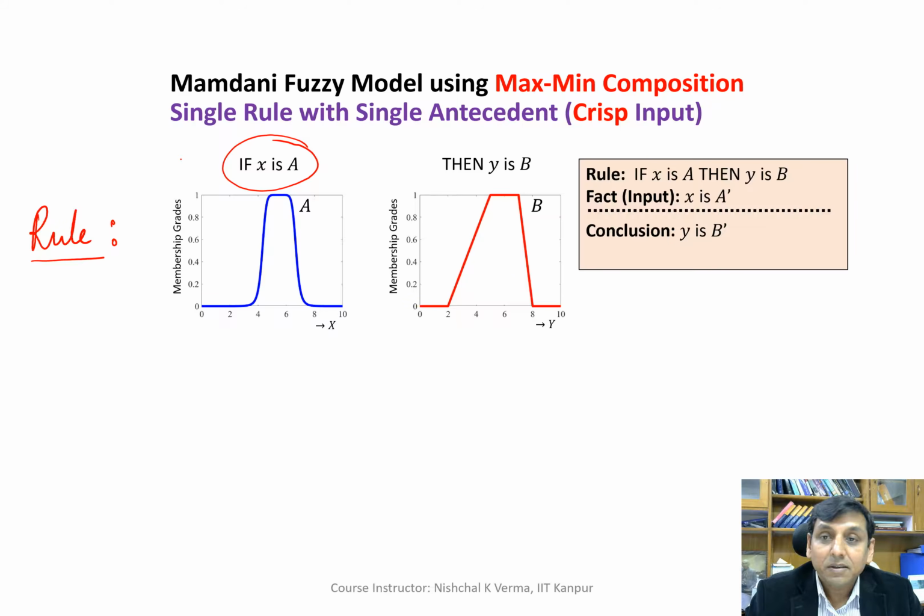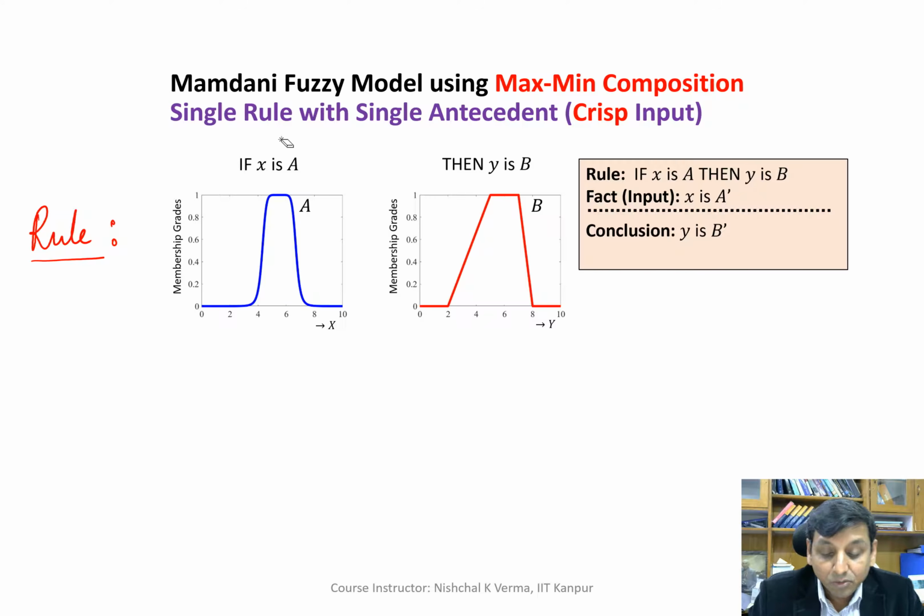But when we say multiple antecedents, or two antecedents, then we would have x1 is A1 and x2 is maybe A2 or something like that. So the multiple antecedent scenario would have been like that. But since here we have x is A, it means we have a single input in this fuzzy model.